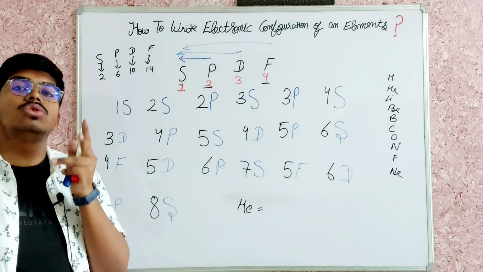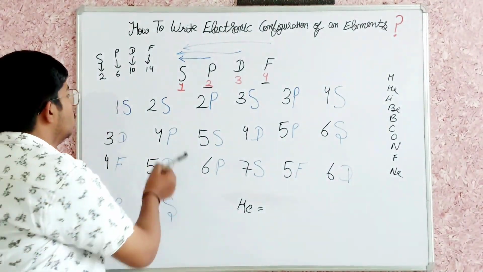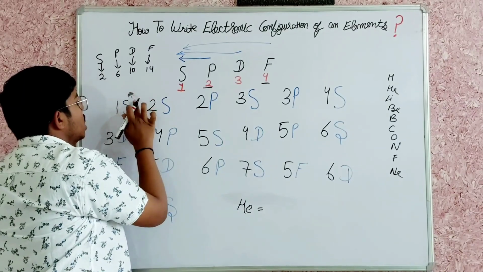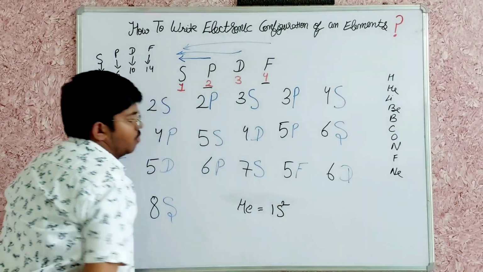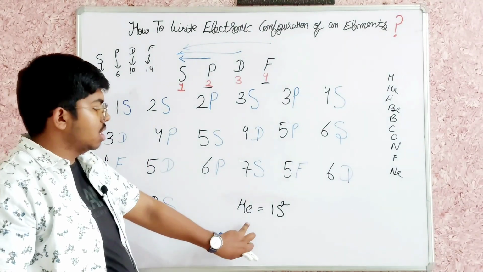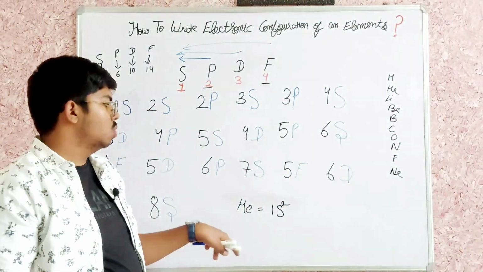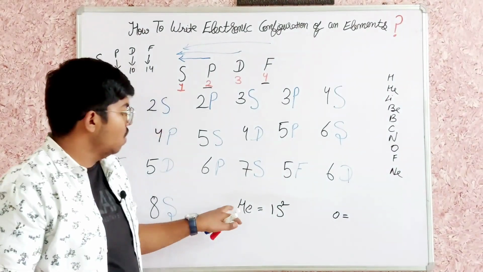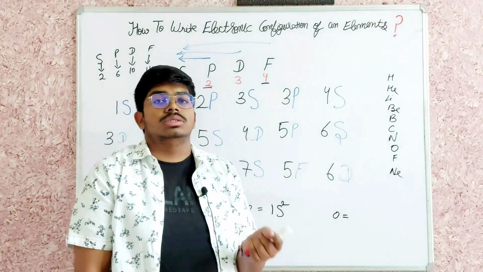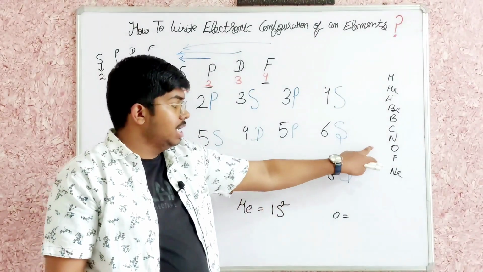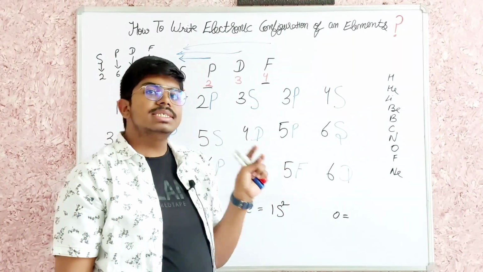Now in s, as I told you, a maximum of 2 electrons can be filled. So 1s2. The atomic number of helium is 2, so only 2 electrons can come. Now let's write the electronic configuration of oxygen. The atomic number of oxygen is 8.